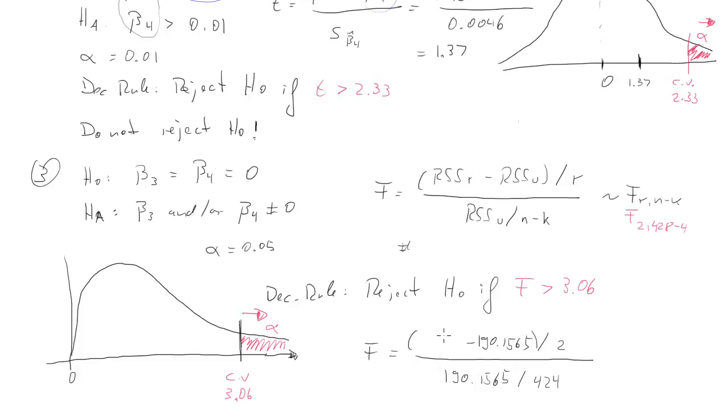But there's still one missing, and that is the residual sum of squares of the restricted model. So we need to estimate that.